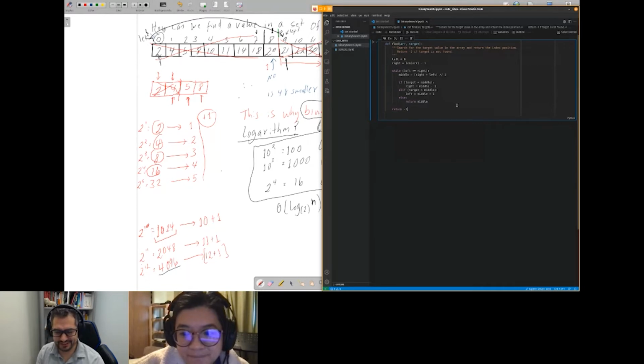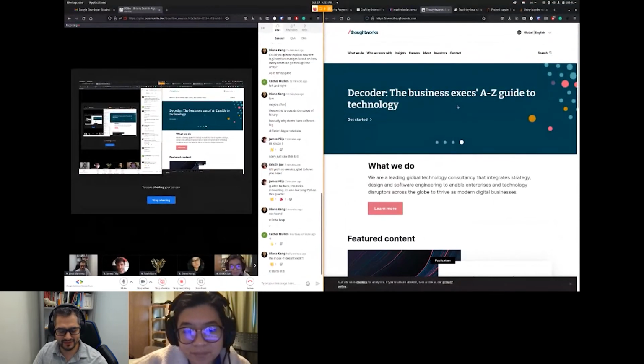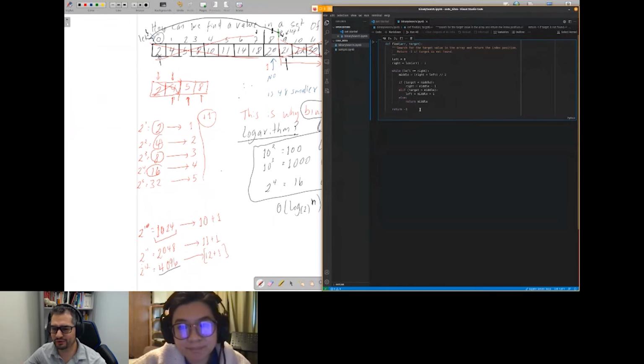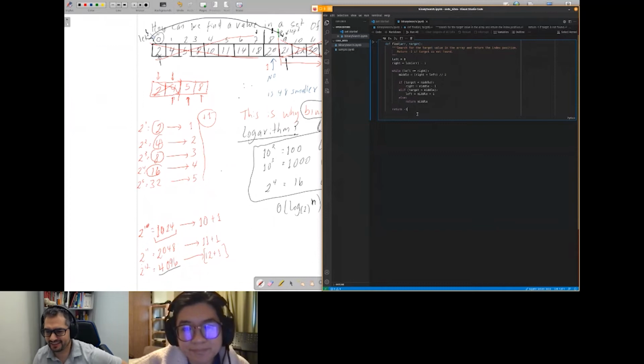Now I know that in the class, what's the class, 243? You were asked to return where that value will go, right, if it's not found. How would you do that? How would you modify this so it returns the position where that value would go?